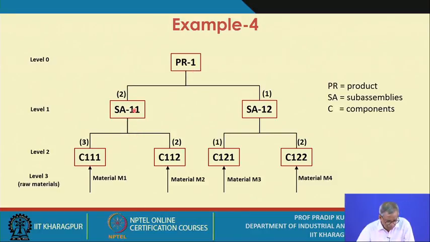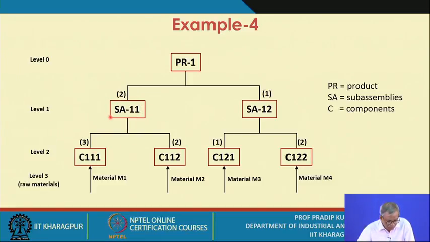Now, in order to produce 1 unit of subassembly 11, you require component C111 and component C112. For components C111 and C112, the parent item is subassembly 11. We have already used these terms.